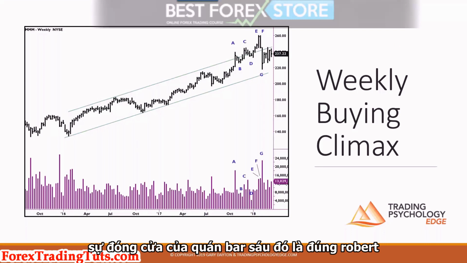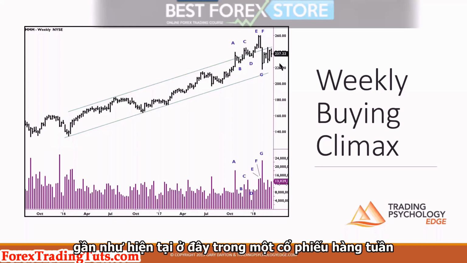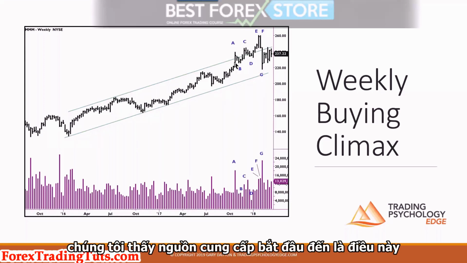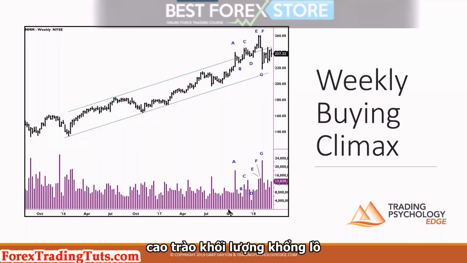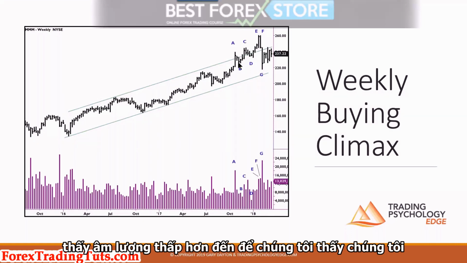That's right, Robert. Okay, here's a weekly buying climax. We are from a couple of years ago, this is almost current here, a weekly chart on the stock 3M. We see supply start to come in. Is this climactic, the huge volume? Not quite, because the next reaction, we see lower volume coming in.